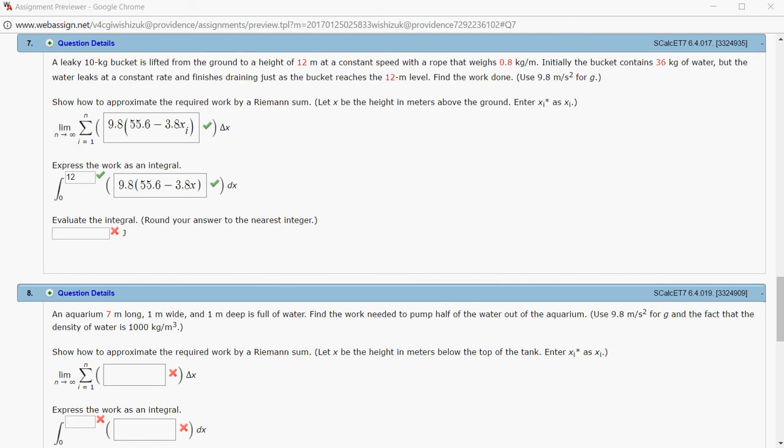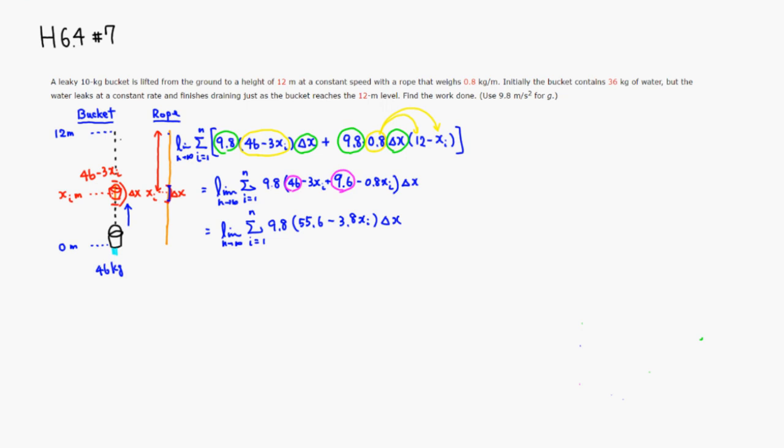Alright, I came back and it looks like we got the first two parts correctly. Then we just have to evaluate the integral and round the answer to the nearest integer. So this is just the integral from 0 to 12. We can put the 9.8 outside, then you have 55.6 minus 3.8 x dx.